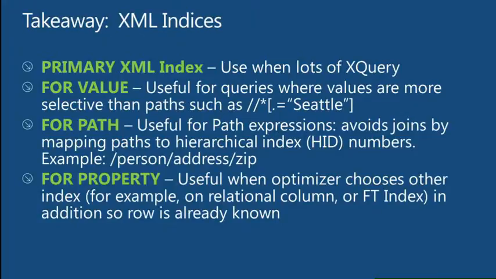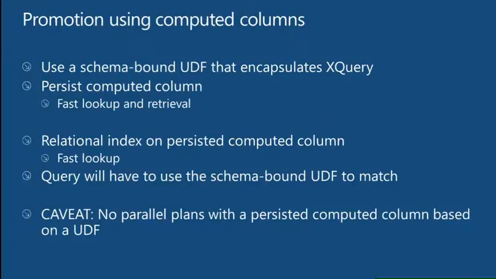So the takeaway is use the primary XML index when you have lots of XQueries. Use the value index if you have highly selective predicates with values in them. And use the path index if you have lots of long path expressions, assuming the statistics are updated. And otherwise, if you have already a relational index or a full text index that already gives you a result, use the property index to get that to perform well.